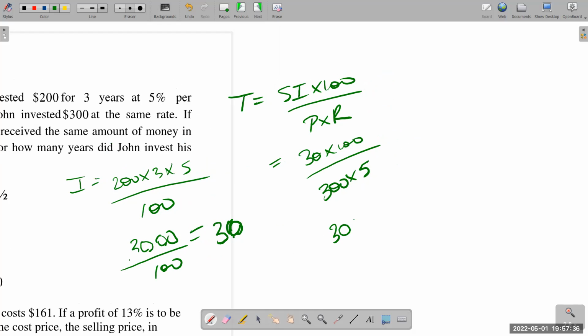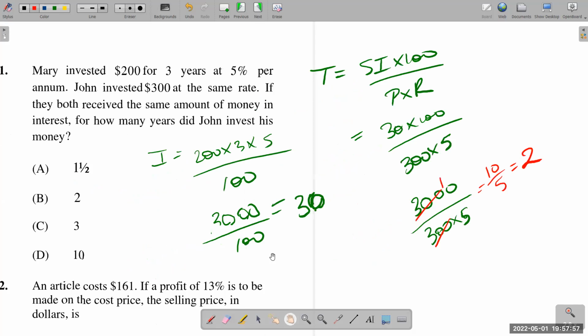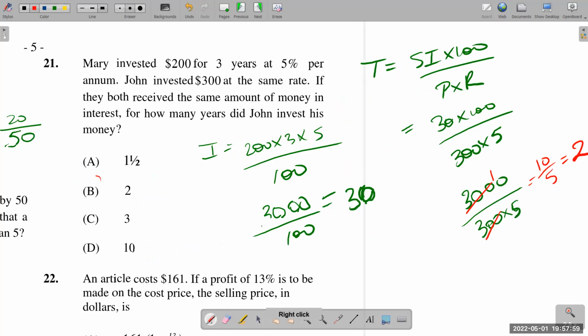That's 3, 1, 2 divided by 3. And if you're smart, this is easy to calculate because check this. Let me use my red. 300 and 300, that's going to cancel, give me 1. So it's going to be 10 over 5, which is 2. So that means 2 years. Answer is B.